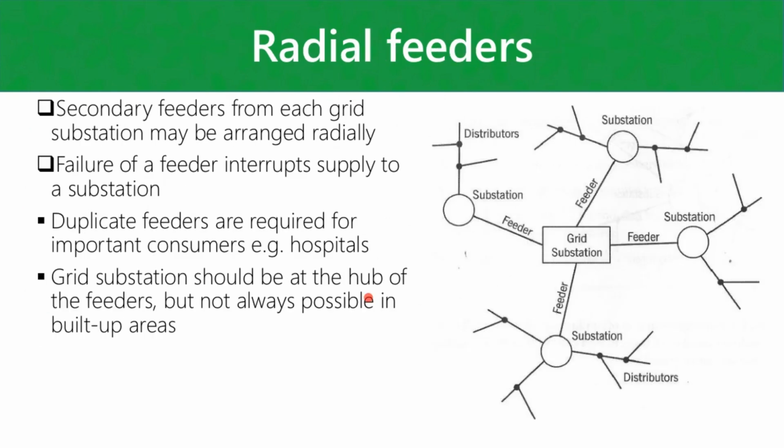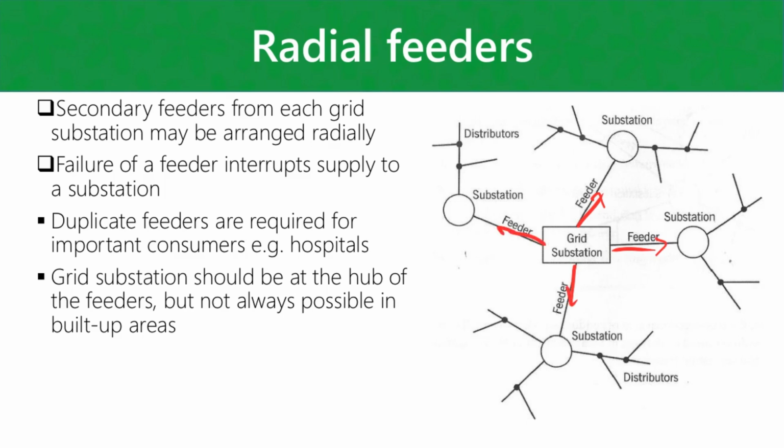Okay, so one of the ways feeders can be organized is what we call a radial feeder system. You have your grid substation at the center of this network, with feeders going out to different distribution substations.